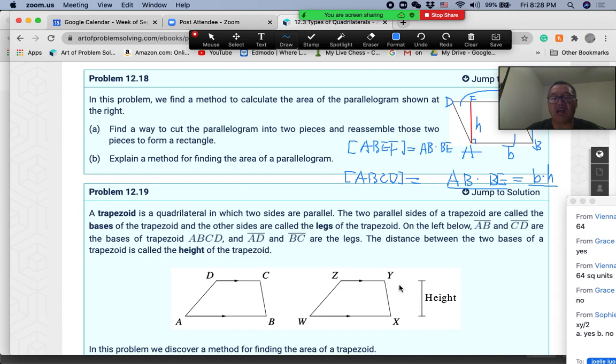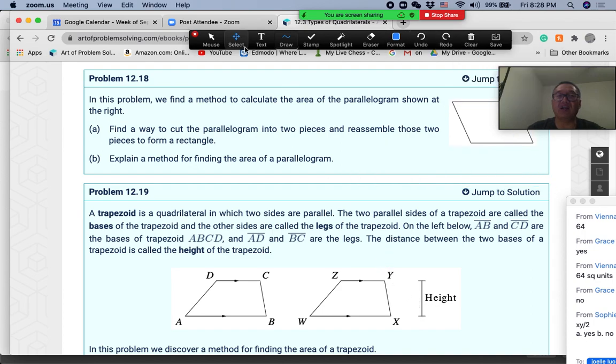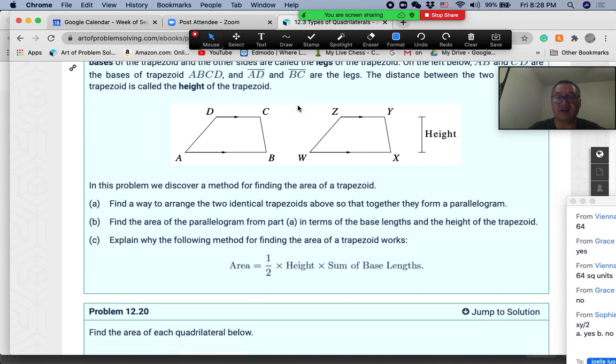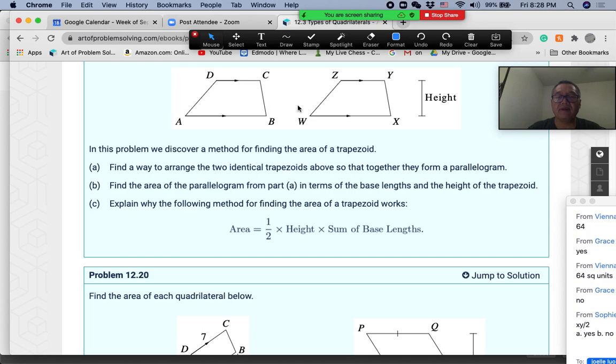Then to calculate the area of a trapezoid, you need to use the sum of the bases. That's AB plus CD divided by 2, then times the height. This is the area of a trapezoid.